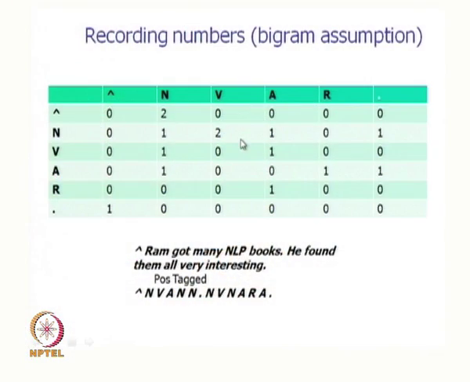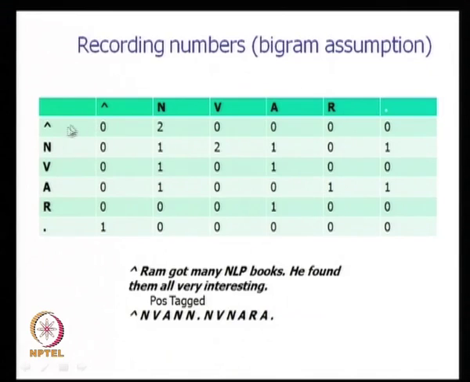So, this tagged corpus produces the counts and these counts are recorded in a bigram table or trigram table. We have already remarked last time, if you see the table once again, if the assumption is bigram, then we have columns and these columns have corresponding rows, rows have only single entities. If it was a trigram assumption, then columns will have the tags as before.